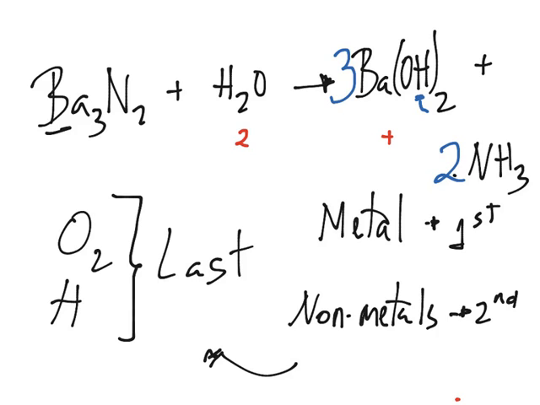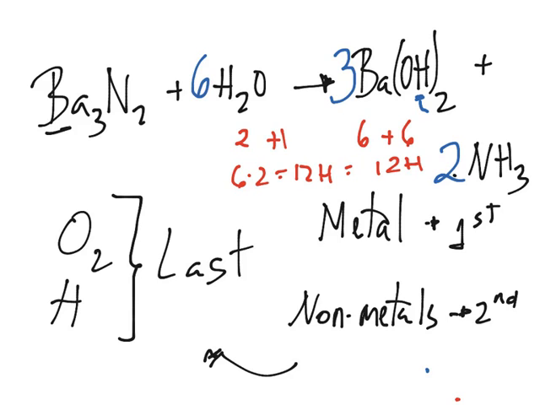We have 6, so 3 times 2, 6. So we have 12 hydrogens on this side. So what we want to do is multiply this by 6, right? So 6 times 2 would be 12, and that would be the same number of hydrogens, equal. So we'll put a 6 around here.